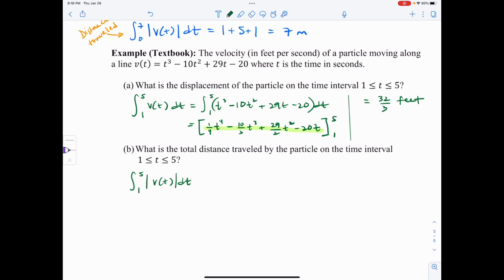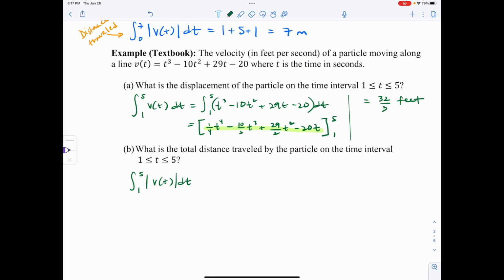But if this were not a calculator active problem for some reason, what you could do is figure out on what intervals the function is positive and just integrate those, and then also on what intervals the function is negative, so that you can take the opposite of those integrals and then add those integrals up, because we have to integrate from 1 to 5.